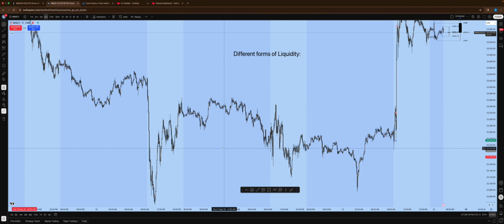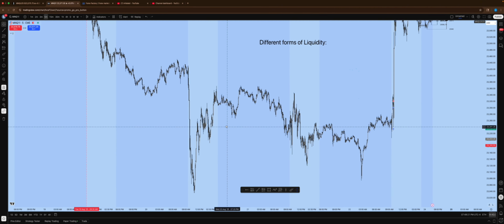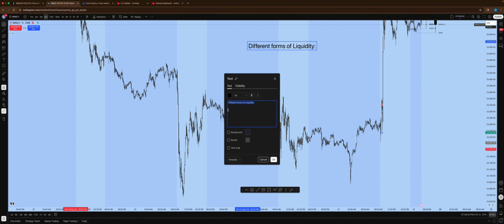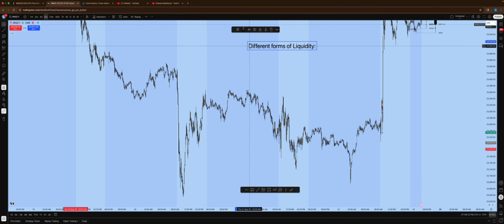But let's just get into what liquidity even is from my standpoint, and why it's important in the market. So there are, in my opinion, three different main forms of liquidity.